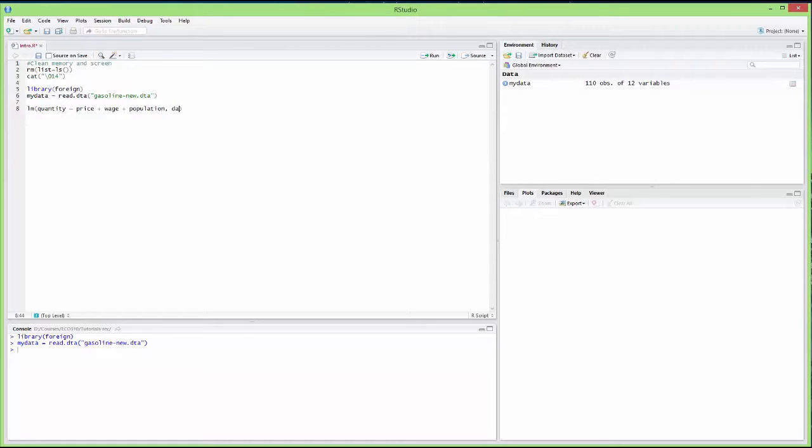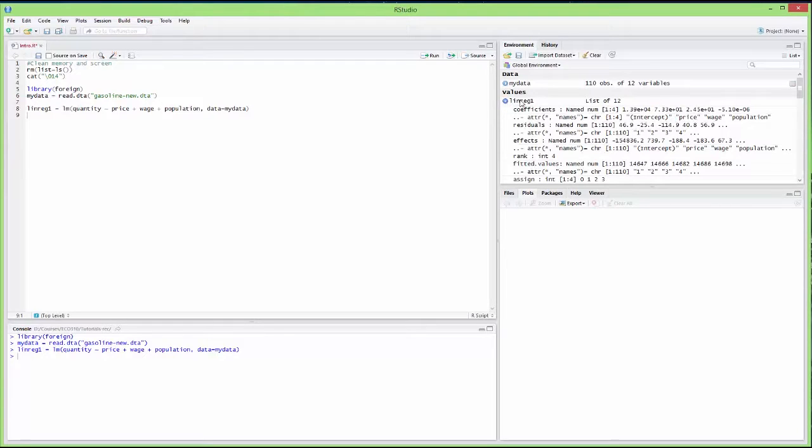The data comes from my data, so I put data equal my data. And I want to save the output of the regression in the variable linreg, or let's call it linreg1. So I run the command and I see that the values have been saved in linreg1.